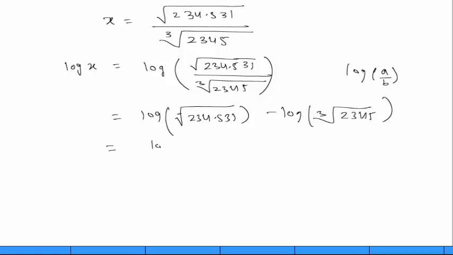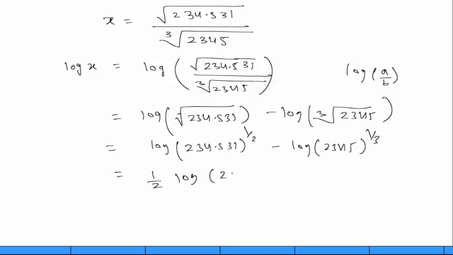So you can write log of 234.531 raised to the power 1 by 2 minus log of 2345 raised to the power 1 by 3. So it will become 1 by 2 log 234.531, you can round this up, it doesn't matter, up to 5 only, minus 1 by 3 log of 2345, and this is the value of log x.